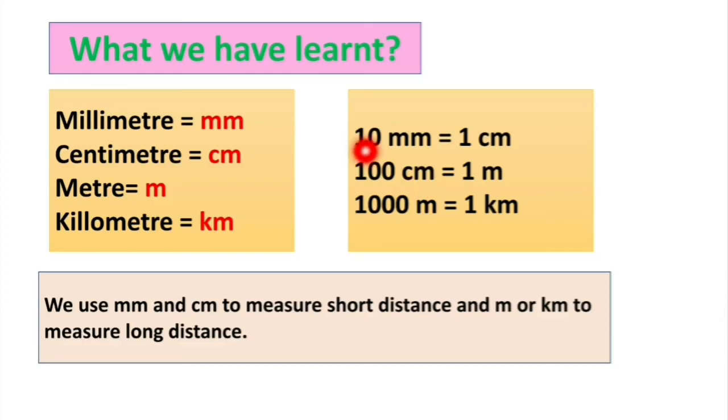And 10 millimeters is equal to 1 centimeter. 100 centimeters is equal to 1 meter. And 1000 meters is equal to 1 kilometer. Children, we use millimeters and centimeters to measure short distances and meters or kilometers to measure long distances.